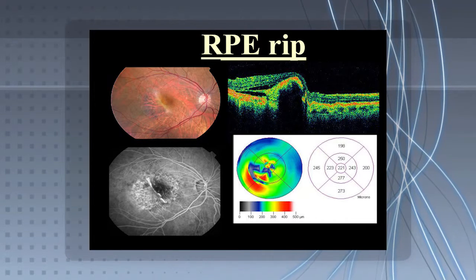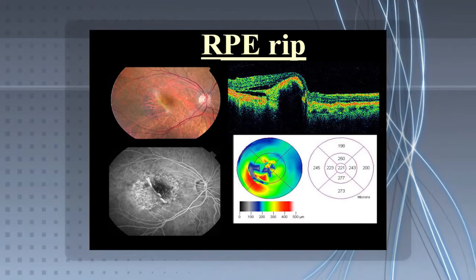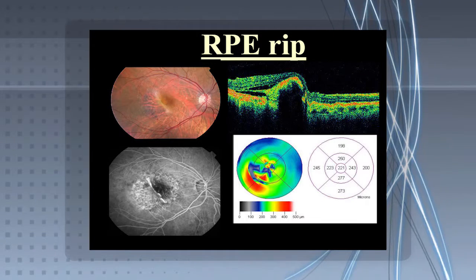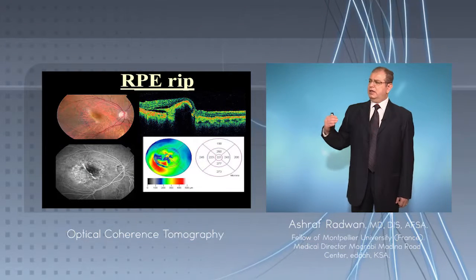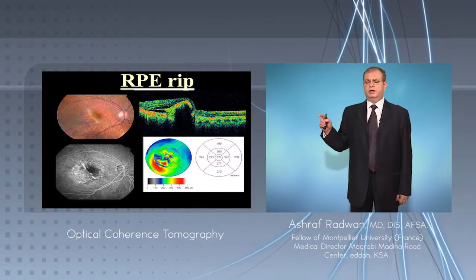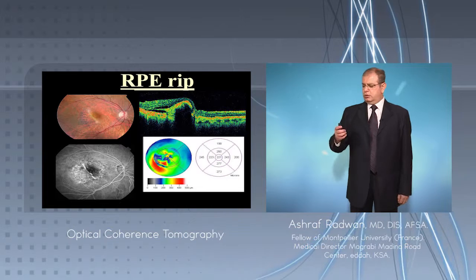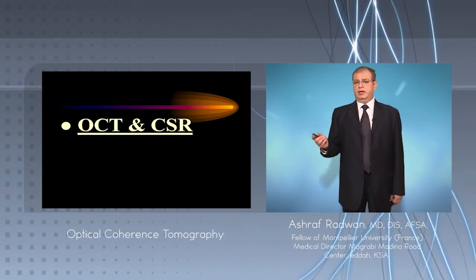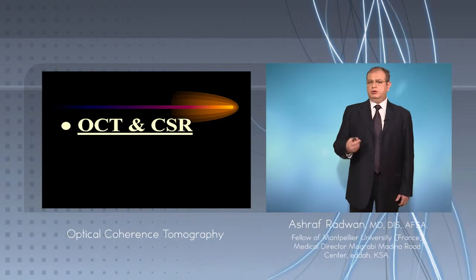The OCT shows us very clearly that the area denuded of retinal pigment epithelium is highly hyperreflective, while the area with the enrolled retinal pigment epithelium makes a masking effect. So there is an area of hyporeflectivity due to the enrollment of the retinal pigment epithelium over itself.